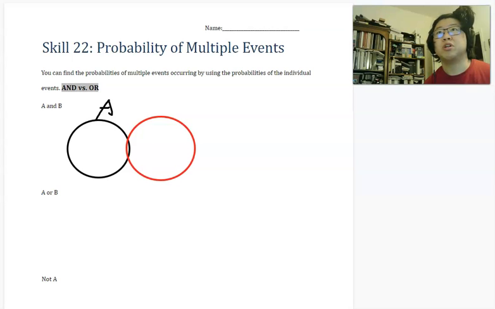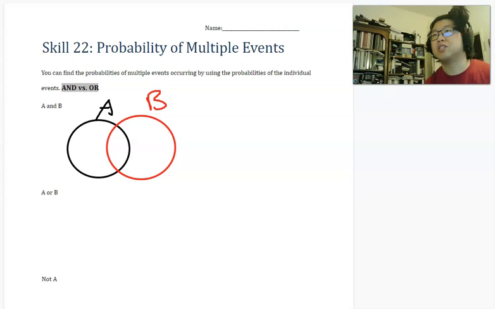I'm going to move it here, so I have a little bit more overlap. We're going to call this circle B. So if A represents the event A, and B represents the event B, with any point inside representing a chance that it happens, then A and B is represented by this area right here in the middle.